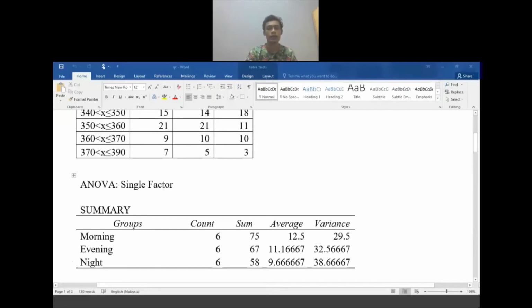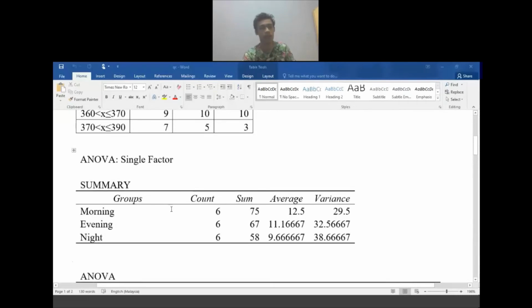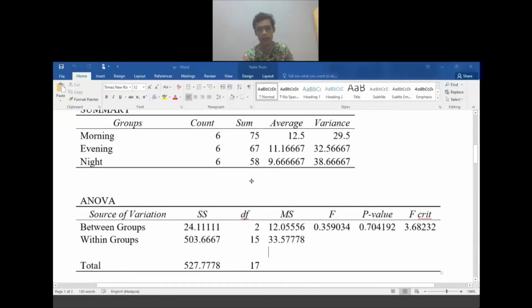When using the formula for the ANOVA analysis, we need to calculate the count and the sum, and using the formula, we make the data analysis of ANOVA.